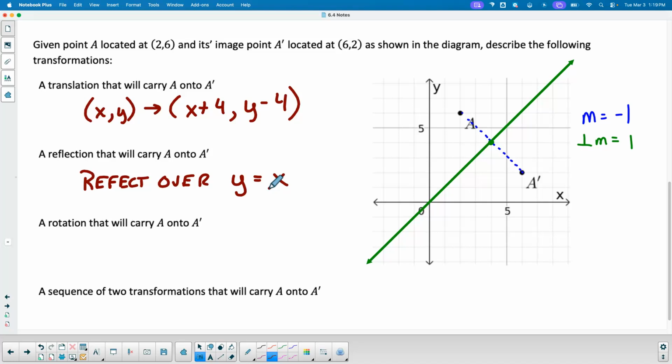We need a point that we're rotating around, a direction and a degree. Okay? So before we set the point, give me the direction and give me the degree. Clockwise 180. Could we go counterclockwise 180 too? Yeah. Either one? Yep. Okay. All right. Would it be 180? Yep.